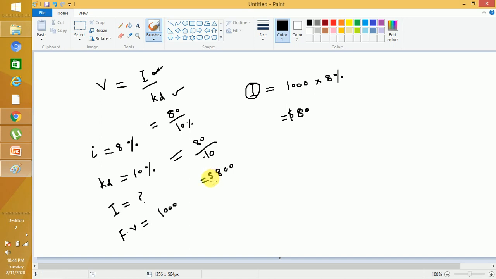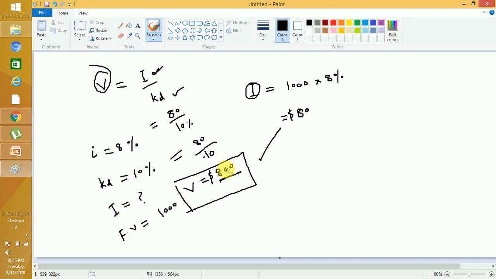What is this? This calculated value is called the intrinsic value. Now what is the intrinsic value of this bond? It is $800. So if you want to purchase this perpetual bond, purchase it at $800.